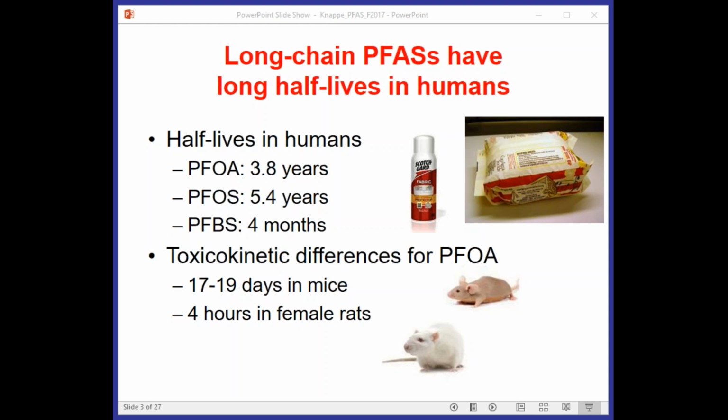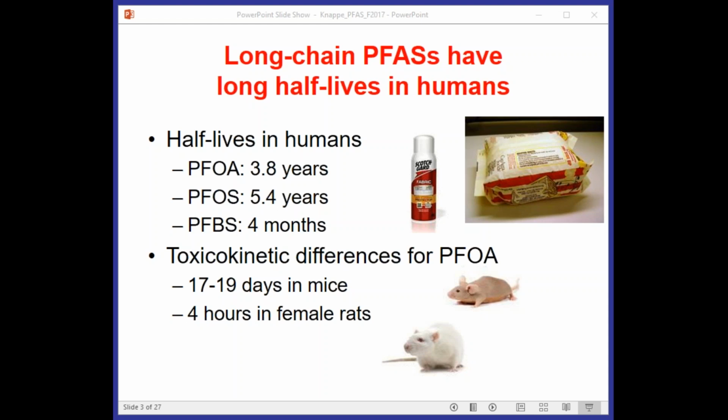As a result, PFOA, for example, has a half-life of almost 4 years in the human body, and PFOS greater than 5 years. In contrast, shorter chain compounds like the PFBs are eliminated more readily from the body, but still the half-life in this case would be 4 months.